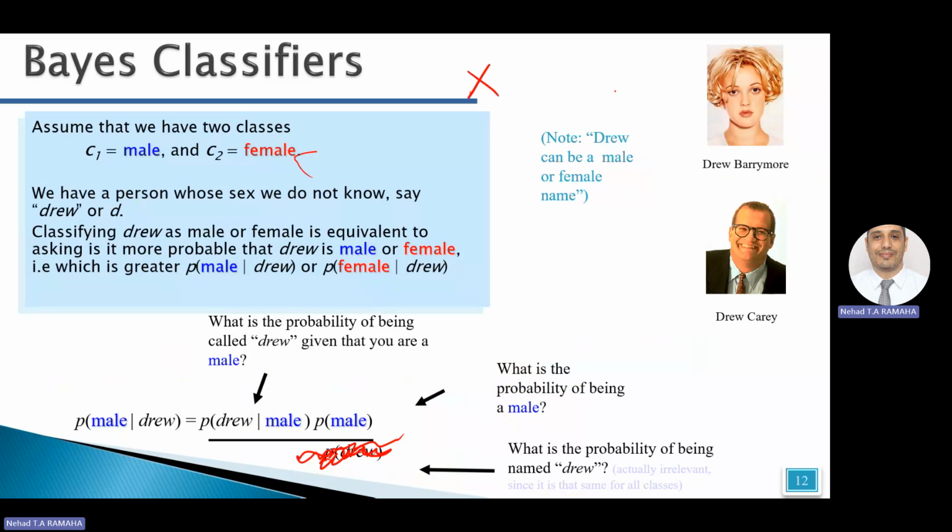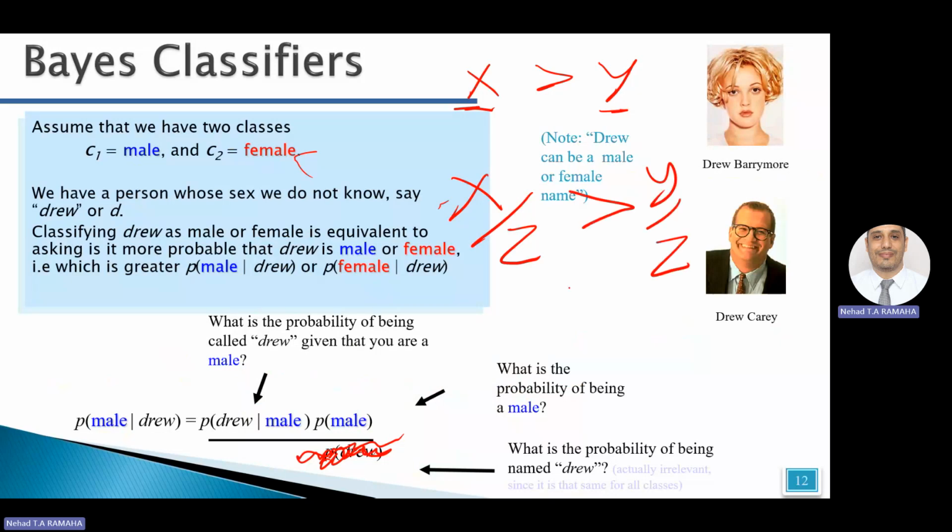If X is greater than Y, then X divided by Z is still greater than Y divided by Z. So removing or keeping the division by the probability of the feature will not change the final decision for the classification.